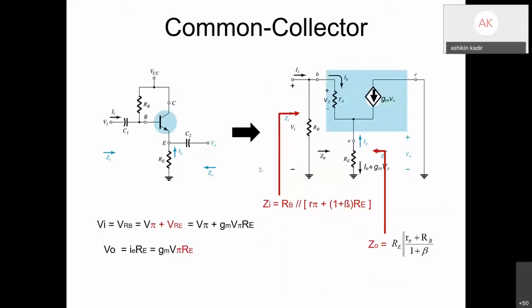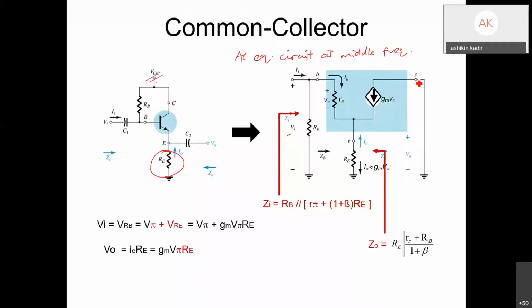Now if we have a common collector circuit, the circuit also doesn't have any bypass capacitor over RE. So when you do the AC equivalent circuit at middle frequency, you can see your collector is connected to VCC, and during AC your VCC is 0.